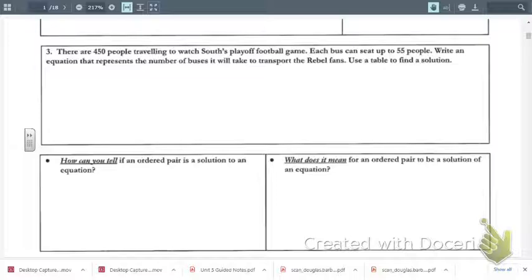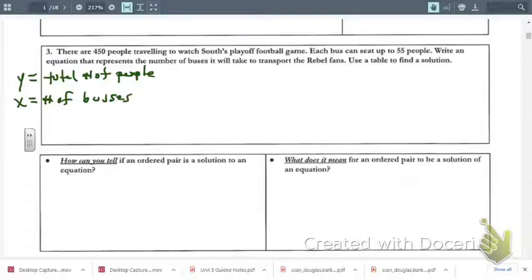So let's say y equals the total number of people. And then our x, that's going to be the total number of buses.